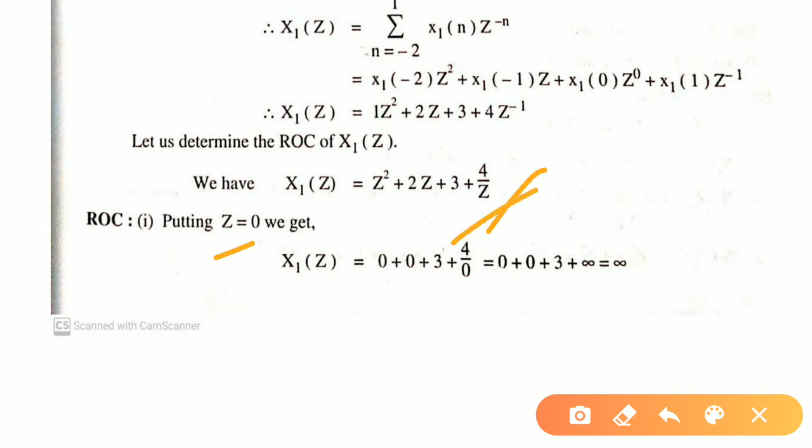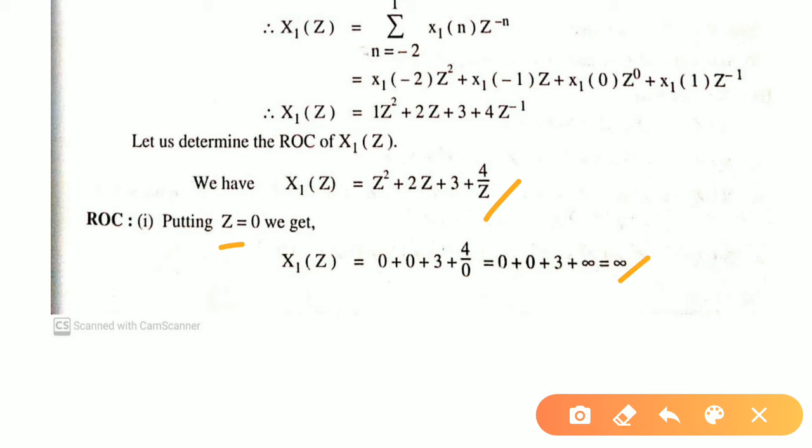After putting z equal to 0, we get 0, 3 stays as it is, and 4 upon 0 is infinity. So 0 plus 3 plus infinity; anything added to infinity becomes infinity. So after putting z equal to 0, we get infinity.